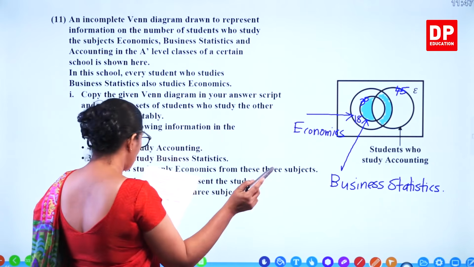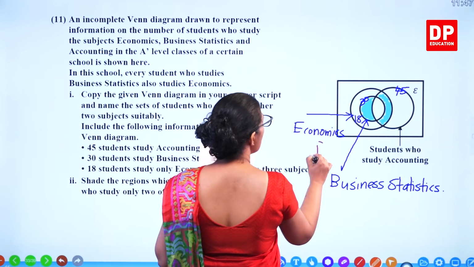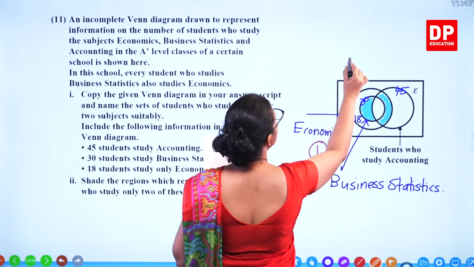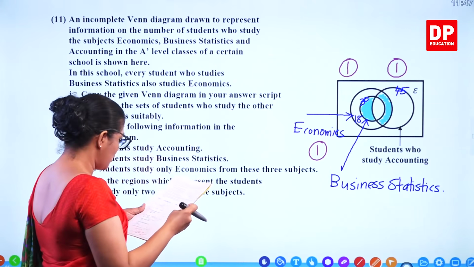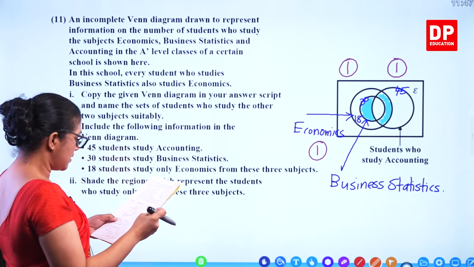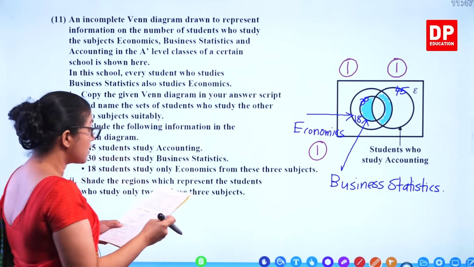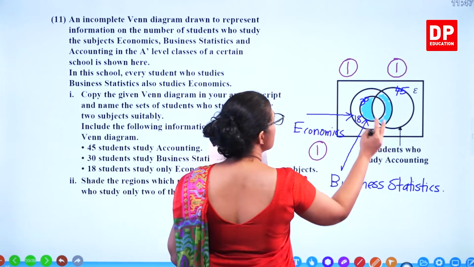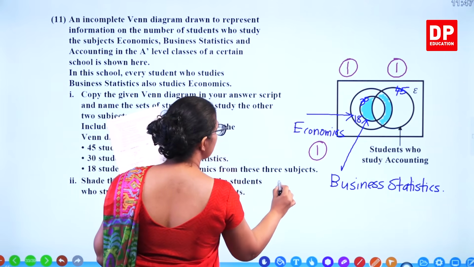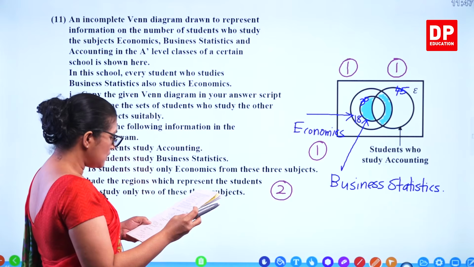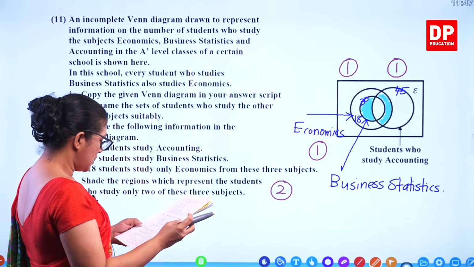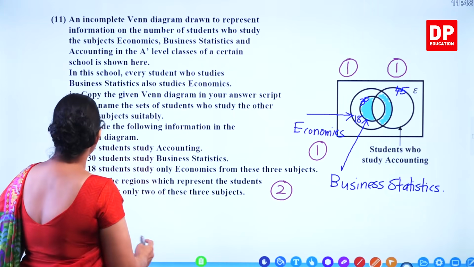So altogether 3 marks: 1 mark for the label and another 2 marks for marking the values and shading the correct 2 parts, another 2 marks. So 5 marks. Now we'll see how you get marks for the other 2 parts.